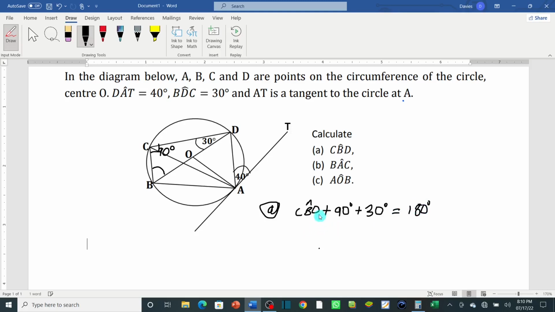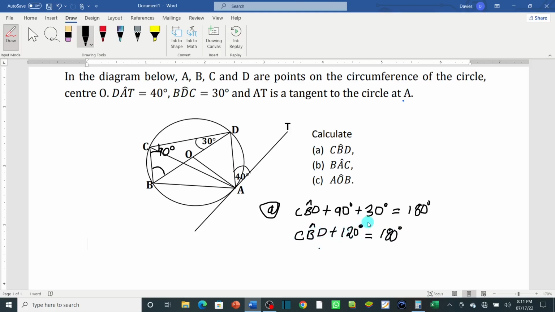Then angle CBD, plus we add these angles, 90 plus 30, which is going to give us 120, equals 180. Now what we are going to do is collect like terms.